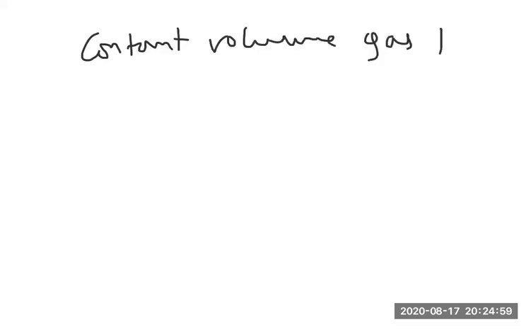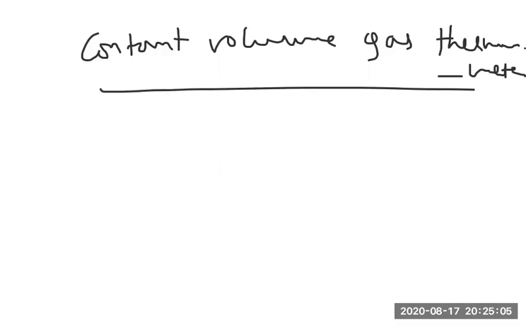Suppose I am taking a constant volume gas thermometer. What will happen? Constant volume gas thermometer means that at constant volume, pressure is directly proportional to temperature. So P by P triple point is equal to T by T triple point.